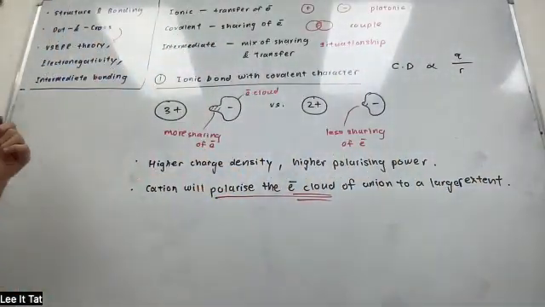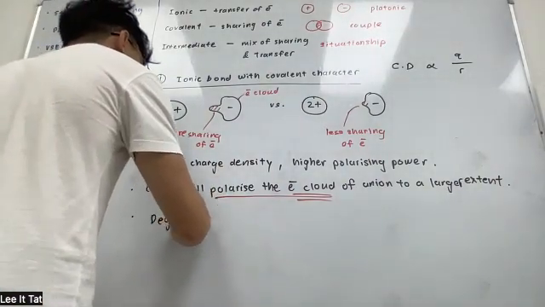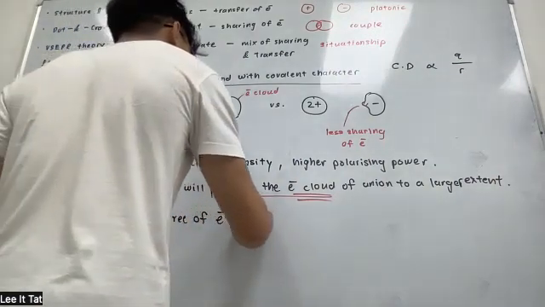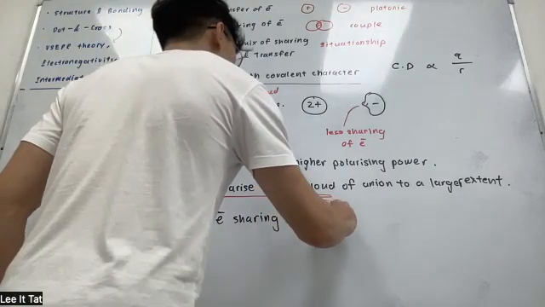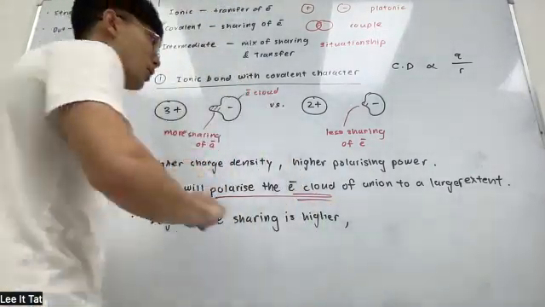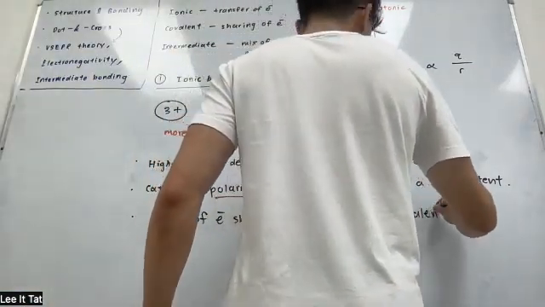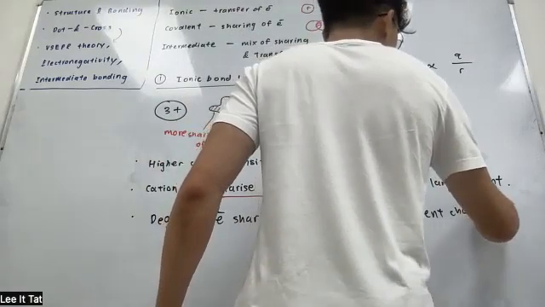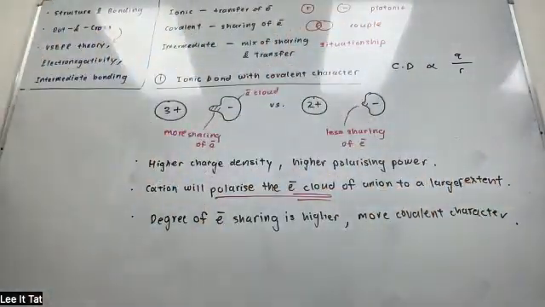Guys, is there more sharing or less sharing if you manage to pull more? More sharing. So the degree of electron sharing is higher. And guys, if you have more sharing, that means what? More covalent character or less covalent character? More. It's a very interesting idea, right? Nothing is ever fully ionic, nothing is ever fully covalent.